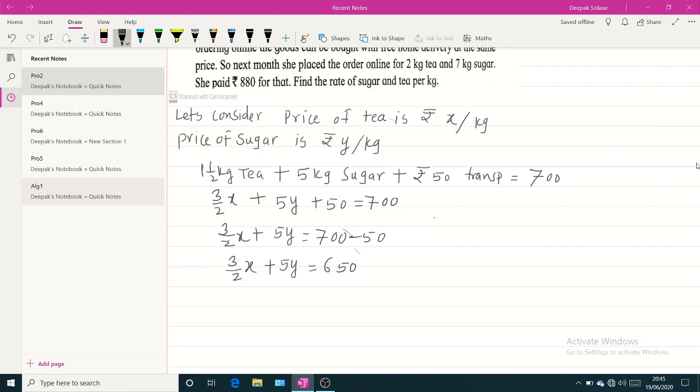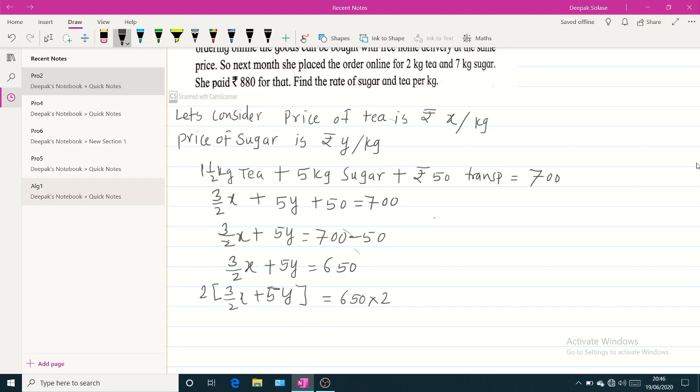Now we don't want a fraction here, so I'm going to multiply the equation by 2. The left hand side is 3/2 x plus 5y, multiplied by 2, equals 650 multiplied by 2.